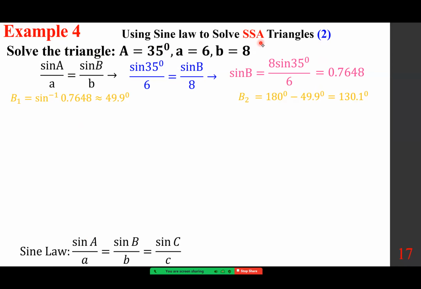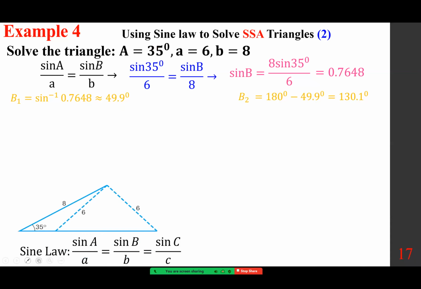So starting with this, because this is 49.9, we're going to add it to 35 and subtract it from 180, or 180 minus 35 minus 49.9. So this is the way it's going to look ultimately.